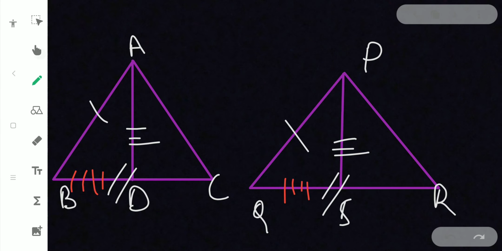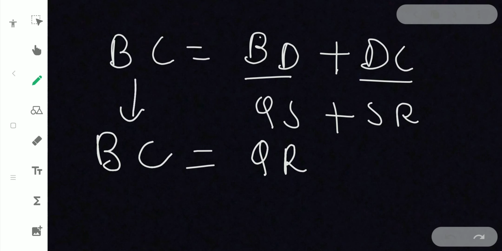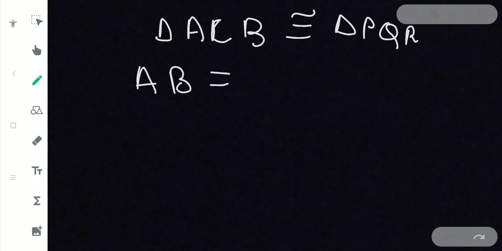Now just come to the diagram. You are having QS plus SR, which is nothing but this whole line QR. So now I can write BC is equal to QR. So now after proving this, I am proving triangle ACB is congruent to triangle PQR, what they asked in the question.